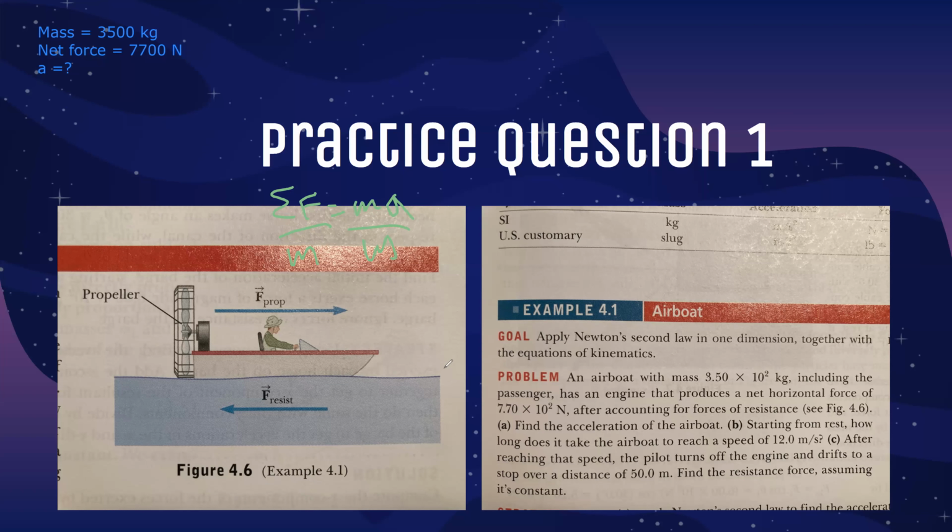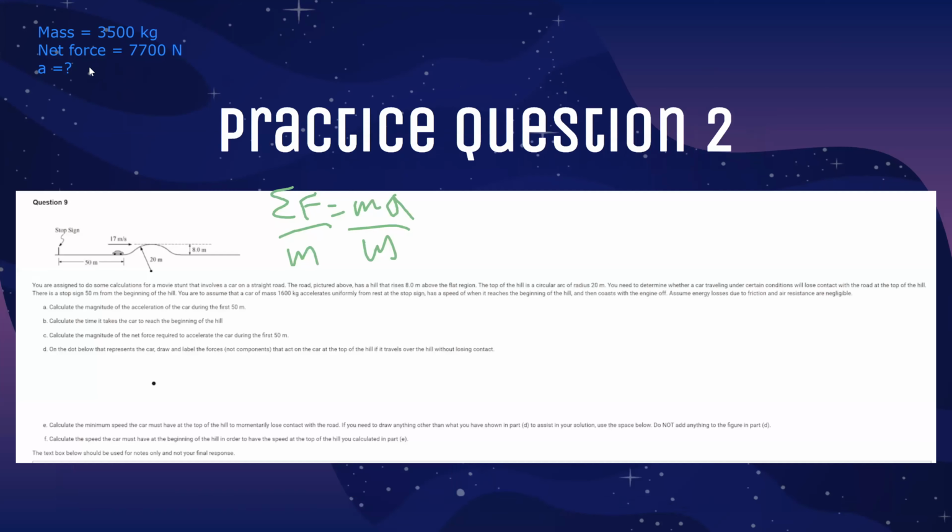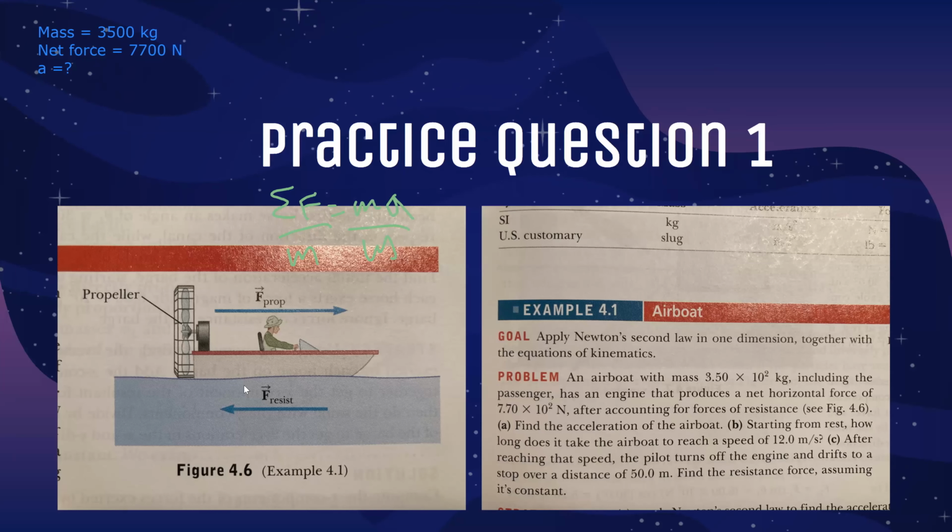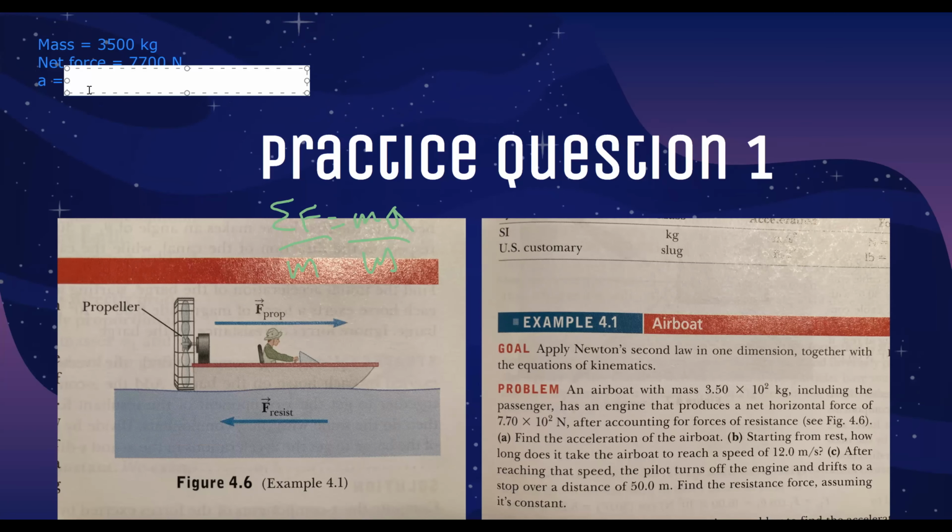Meters per second squared. All right. Always don't forget your units. They're really important. Okay. So now that we know that the acceleration is 2.2 meters per second squared, right? I can basically say acceleration equals 2.2 meters per second squared.